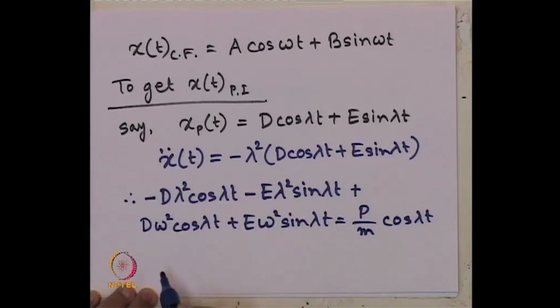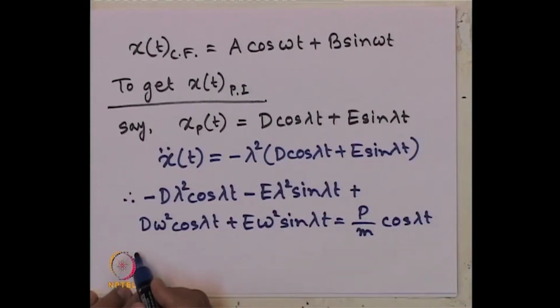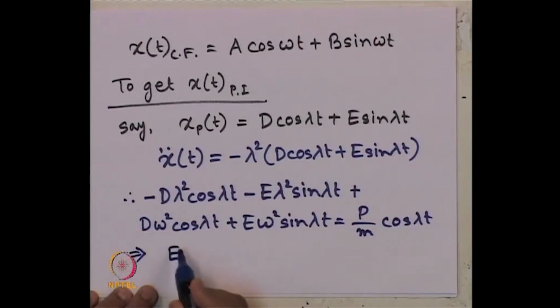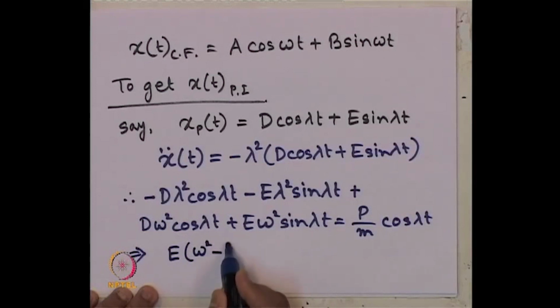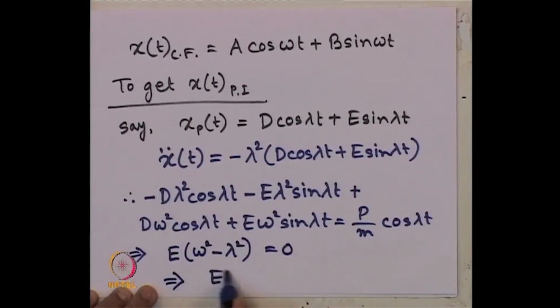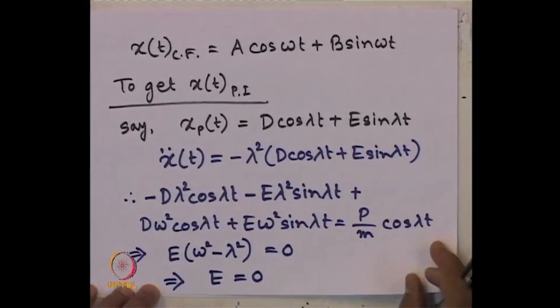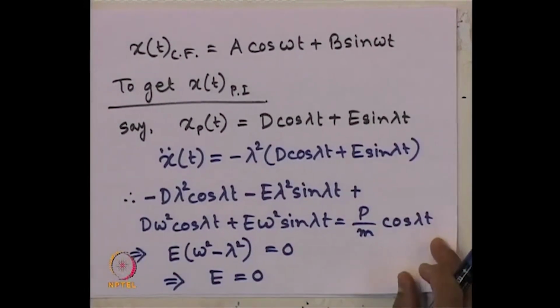So, what we can get if we equate the sine components, it will give us e times omega square minus lambda square equals to 0, which will give us e equals to 0, because omega is not equals to lambda. And what about the other constant d?